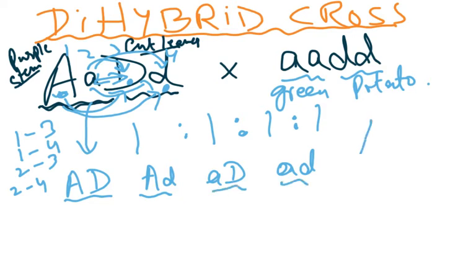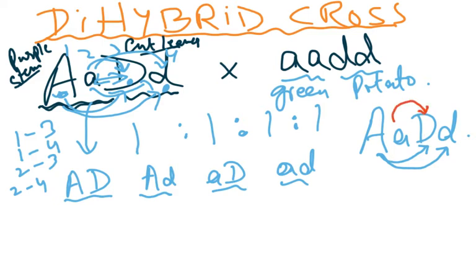So in this situation we have big A, small a, big D, small d. So the first one is 1, 3. Please remember this for whenever you're doing this. Then 1, 4, then 2, 3, and then 2, 4. So if we give these numbers, this one is 1, this one is 2, this one is 3, and this one is 4.